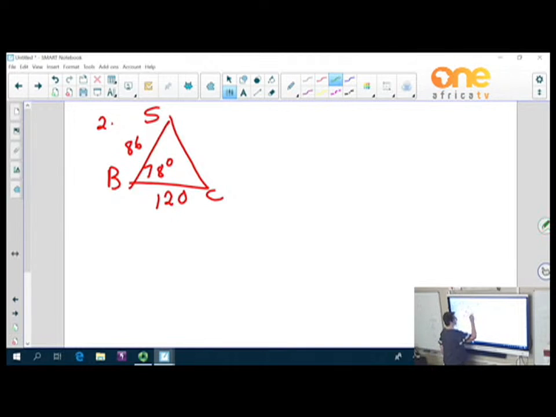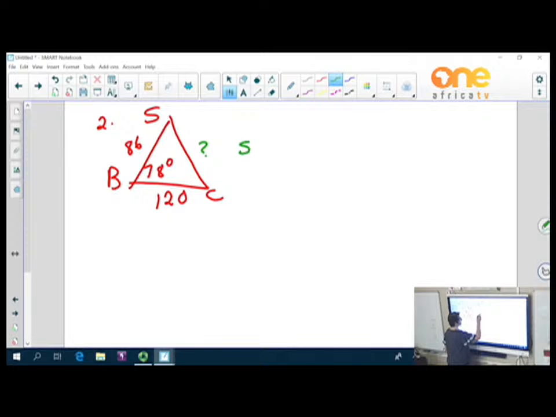So what we want to calculate is this, how far. Can you see that you want to calculate the third side? The third side is always about the cosine rule. Like in a right angle triangle, we do Pythagoras. Here we use the cosine rule.